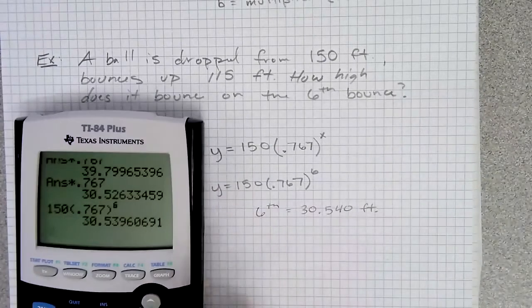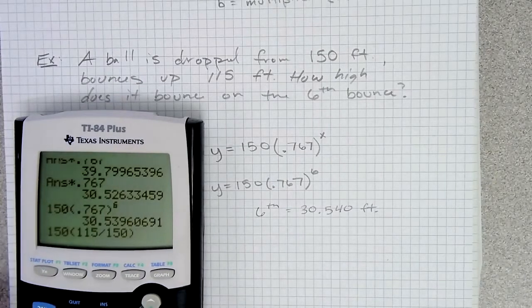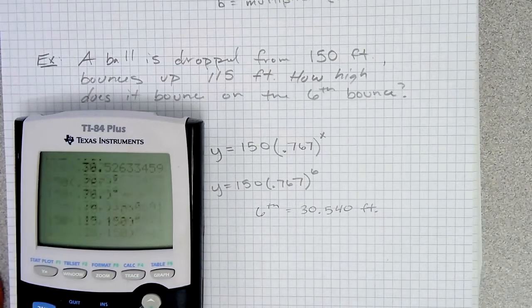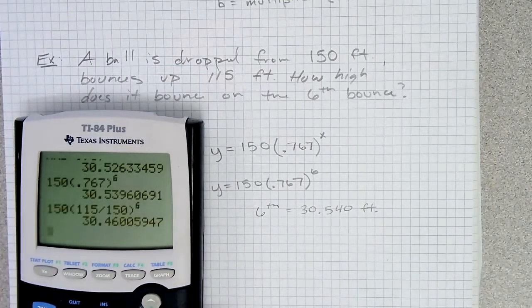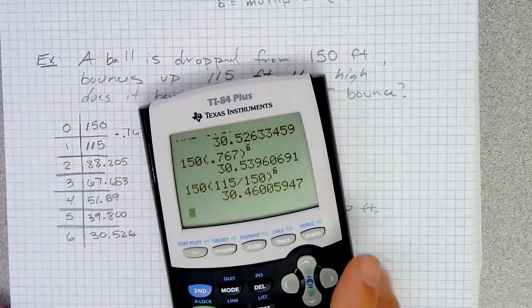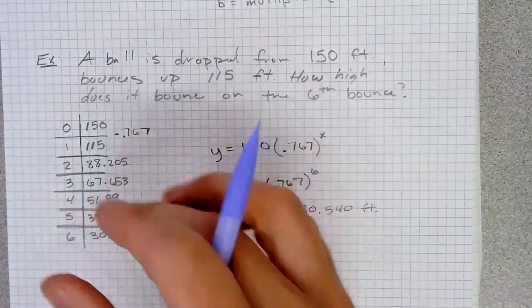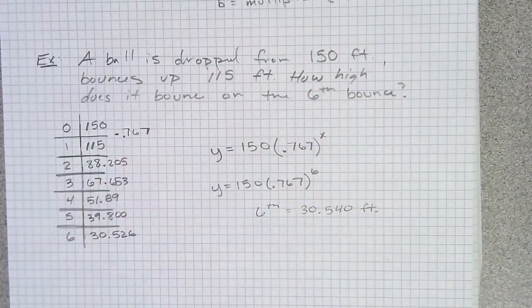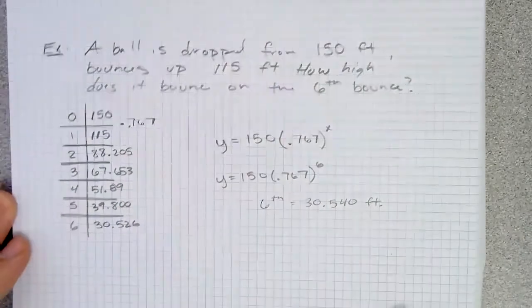If you want to be more accurate, I guess, it would be 150 times 115 divided by 150 as your multiplier, raised to the 6th. That would be the most accurate. But again, usually we have to round to 3 decimal places, so we'll just be doing that.